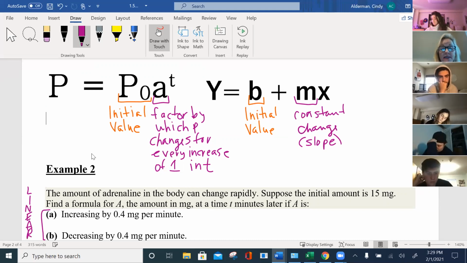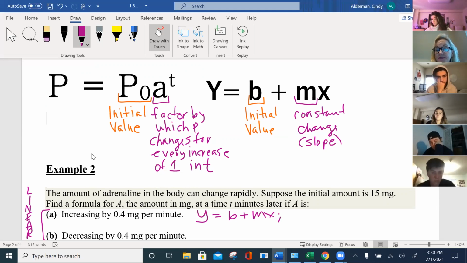All right, so a linear equation is going to start with y equals b plus mx. So let's see, what are we talking about here? The amount of adrenaline. Suppose the initial amount is 15 milligrams from a formula A. So that means replace the y value with A. Of course, we're in terms of time.